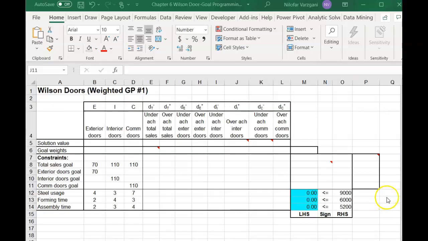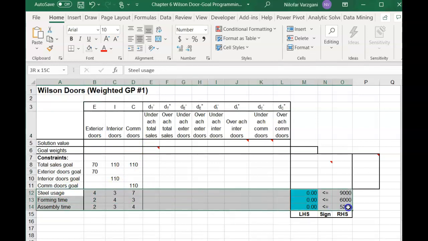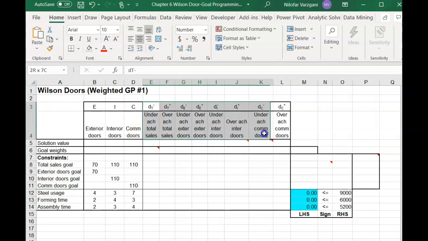So I've switched my screen to the Excel sheet and I've created a template here which we're going to work off. Notice that this template is similar to the original LP problem that I showed you earlier. This part of the template, the exterior doors, interior doors, and commercial doors, is taken from the regular LP problem, as well as these three original constraints. So what I've done is I've added the deviation variables to my LP problem.